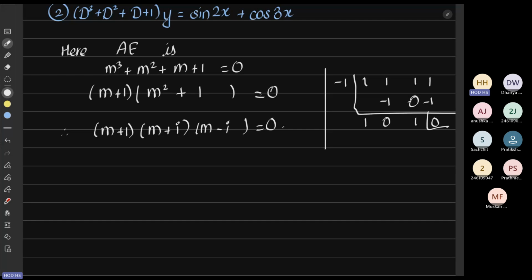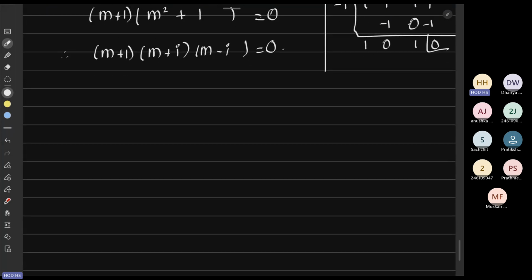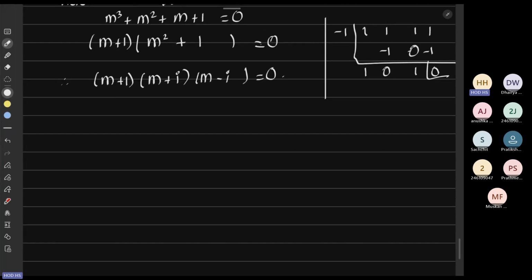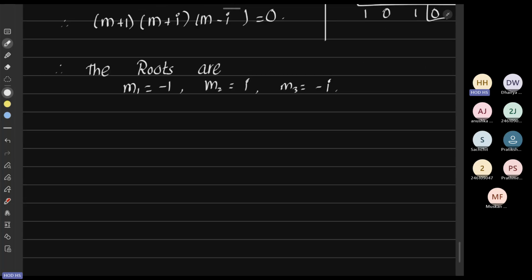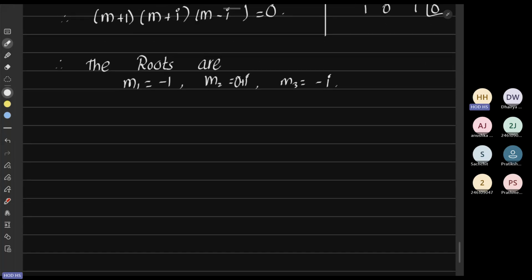So plus iota and minus iota will be two roots, and m is equal to minus 1 as my third root. So therefore, the roots are m1 is equal to minus 1, m2 is equal to iota, and m3, the conjugate of the same thing, is minus iota. So I will write down 0 plus iota, 0 minus iota. Why?